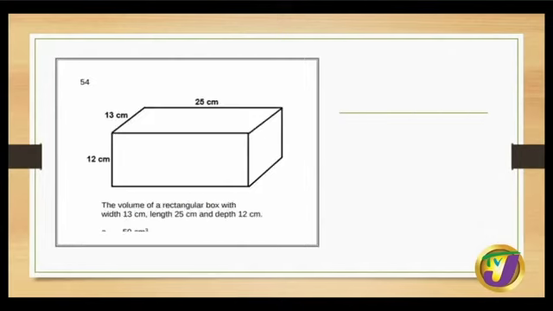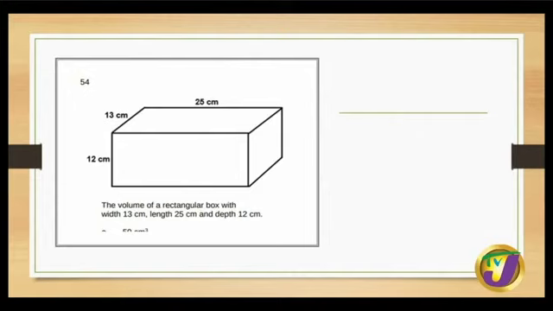Okay, the volume of the rectangular box with the width 13 centimeters, the length 25 centimeters and the depth 12 centimeters. Let us go to the board. So when we're looking at volume, from the previous lessons, I would have said that volume is a three-dimensional unit or quantity.